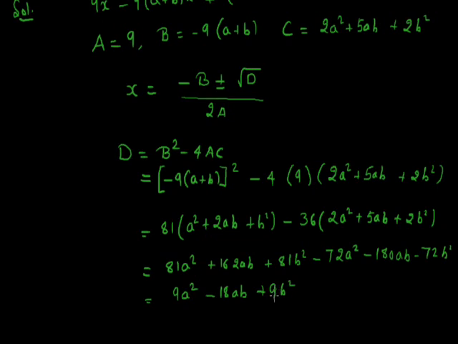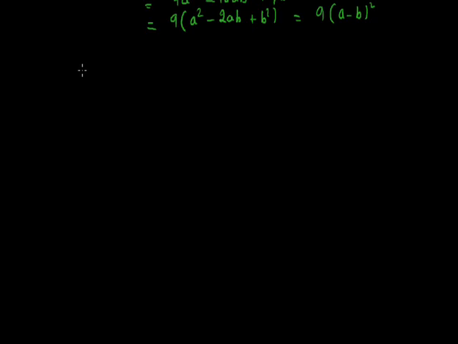Now 9 is common, so we can write equal to 9 multiplied by a square minus twice ab plus b square, or we can say 9 multiplied by a minus b whole square. Now x is equal to minus b plus minus under root d upon 2a.